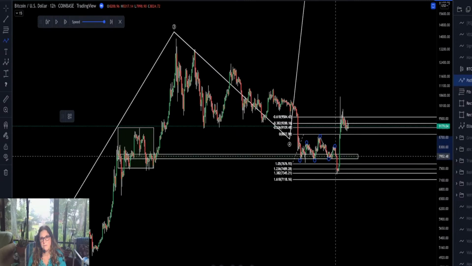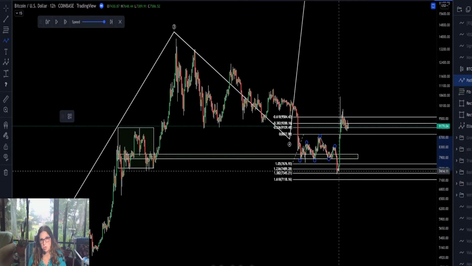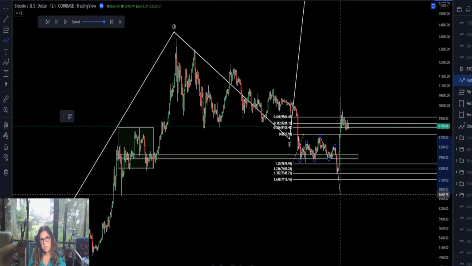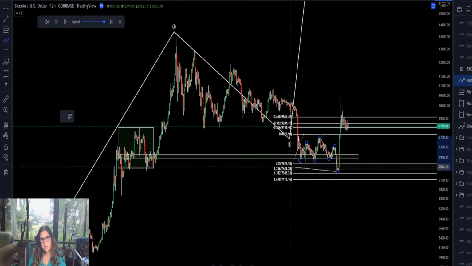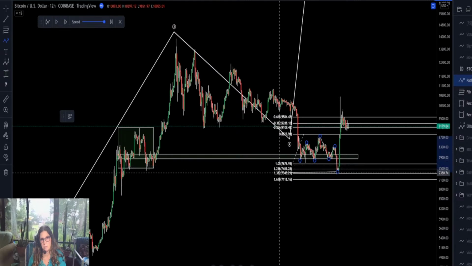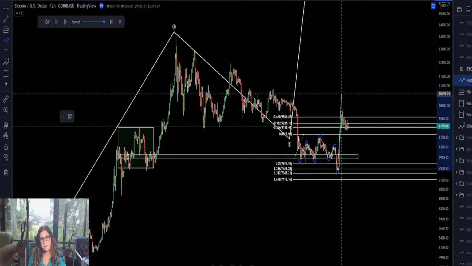We broke the level, okay? Broke the level, got everybody short, thinking, here we go, we're going to the downside. And we came right into the expanded B pocket, which is these 3 fib levels right here. Swept these lows, grabbed all that liquidity, and up went a gigantic candle.